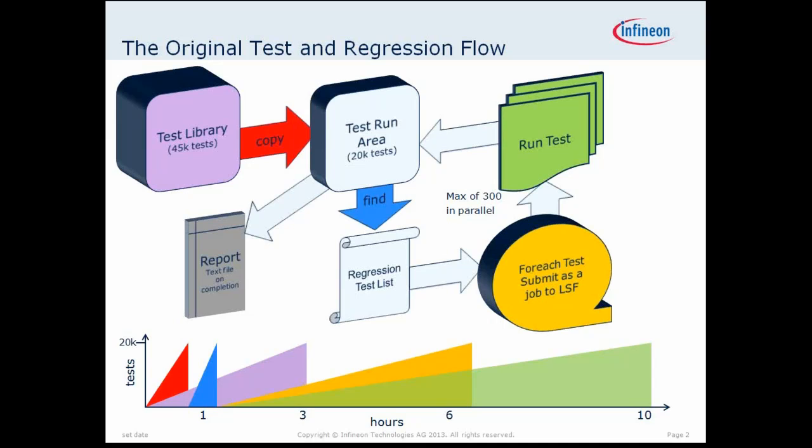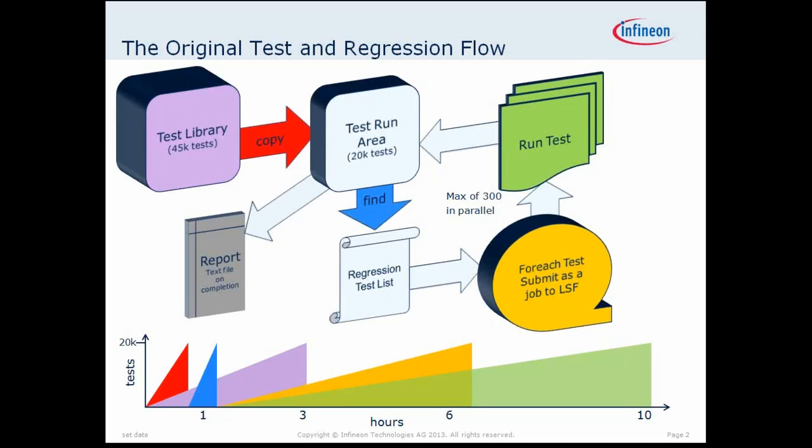Our test library lives in a version controlled directory structure. For each test case, there's a directory, and each directory has each of the files for the test case. We add tests to this library every day using our test generator, and at the end of each day, we have to label this library to enable a regression to be run on a defined set of tests.